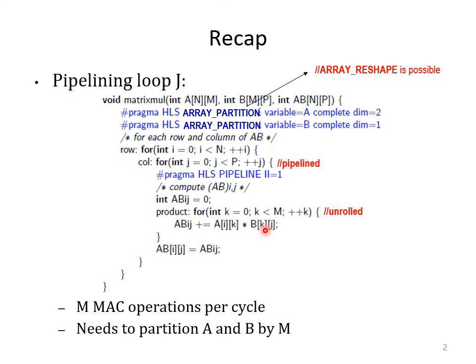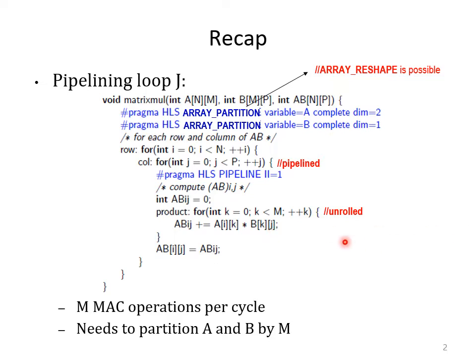It'll give you decent performance because you have adequate parallelism of M MAC operations per cycle, and you're not going to consume too much internal memory because you only need to partition A and B by M, and not fully partition any of the memories.